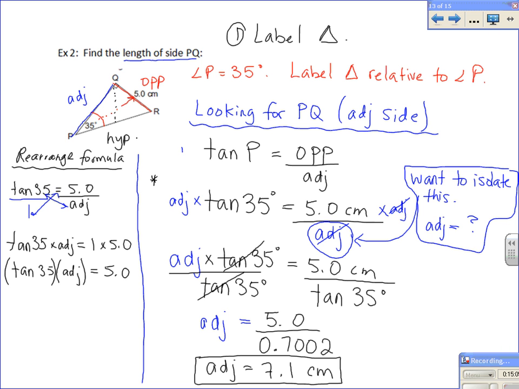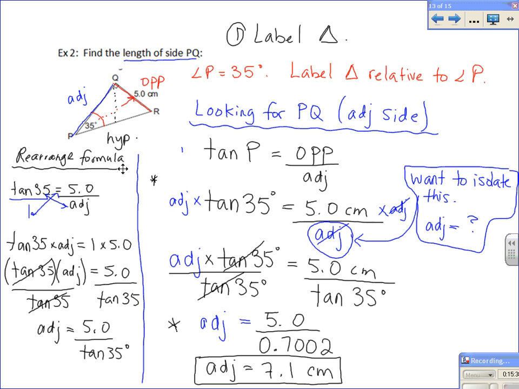And then again, I would have to divide both sides by the tan of 35 in order to get rid of the tan of 35 on the left-hand side. I want adjacent to be all by itself. So I have adjacent is equal to 5.0 over the tan of 35, and now I'm in the exact same place that I was over here. I just simply have to do the math.